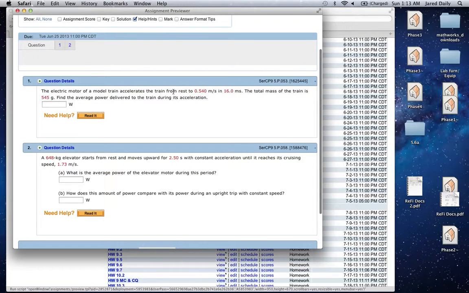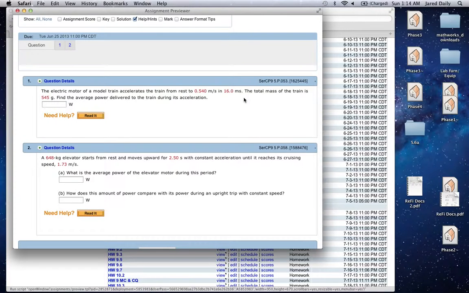Electric motor model train accelerates the train from rest to 0.54 meters per second in 16 milliseconds. So of course they've given us a final velocity, a time, and they're also going to give us a mass. I think we're going to need to use a kinematic equation there, because if we can find the acceleration, then we can figure out the force.